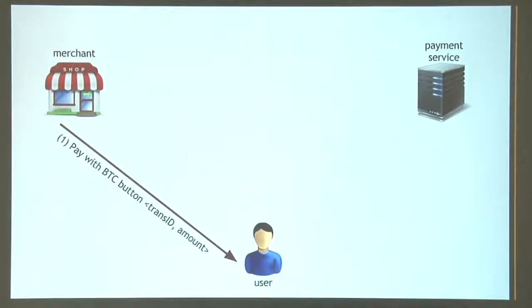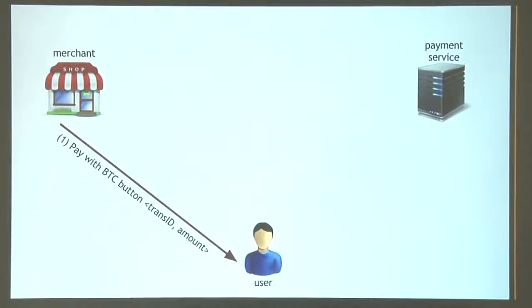It will contain a transaction ID, that is some identifier that is meaningful to the merchant in their own accounting system, along with an amount that they want to be paid. And this will basically be the magic HTML code that was provided earlier by the payment service.